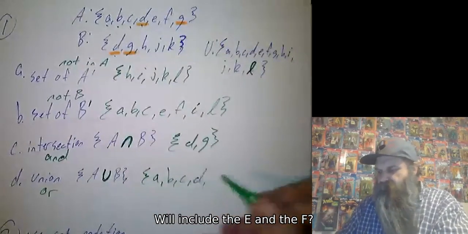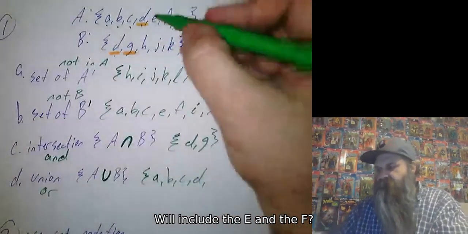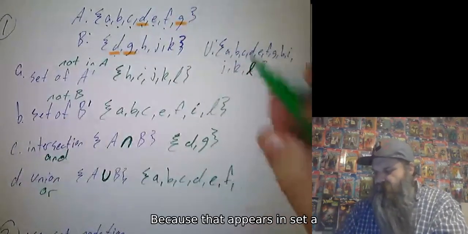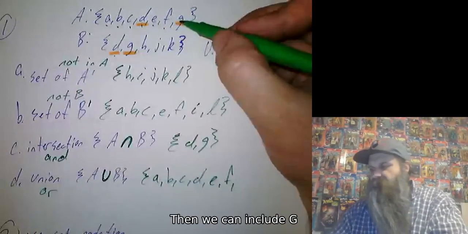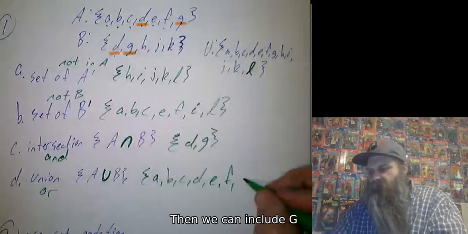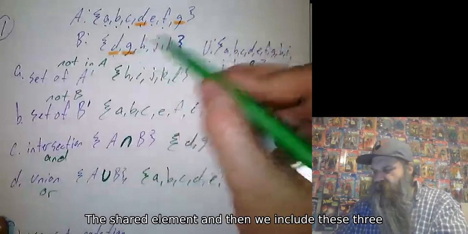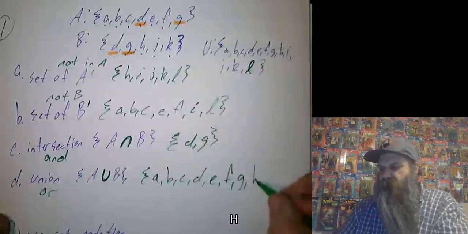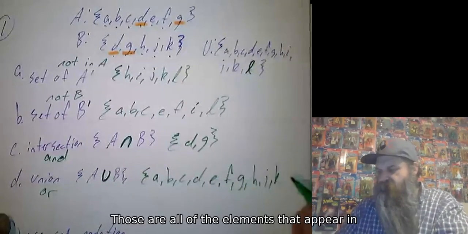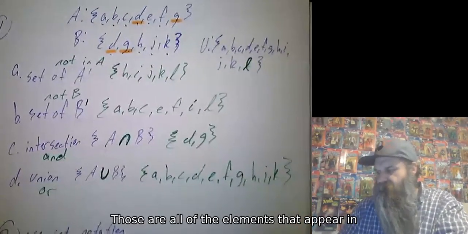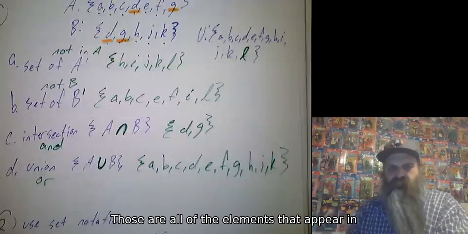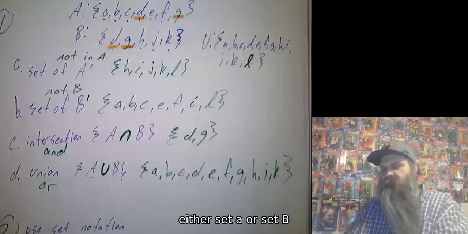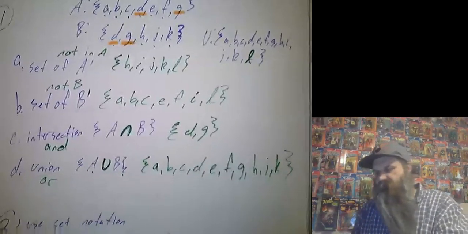So A, B, C, D. We'll include the E and the F because that appears in set A. Then we can include G, the shared element, and then we include these 3, H, J, K. Those are all of the elements that appear in either set A or set B.